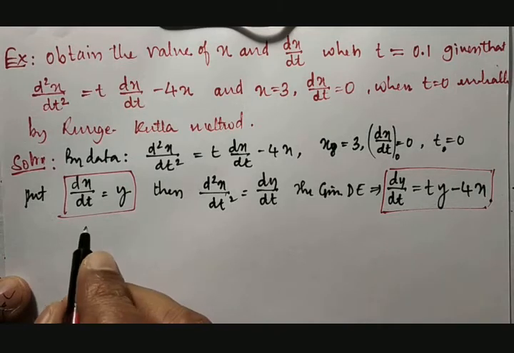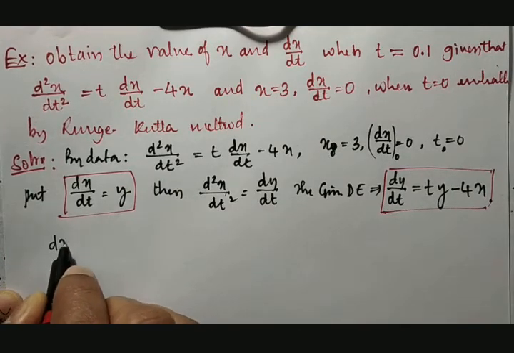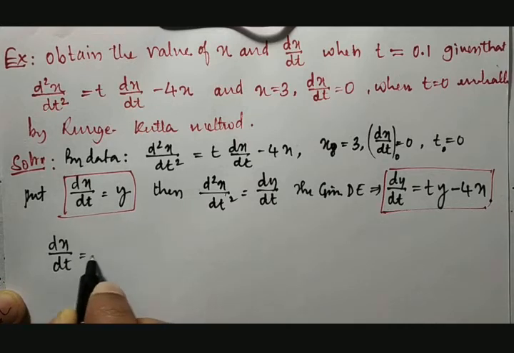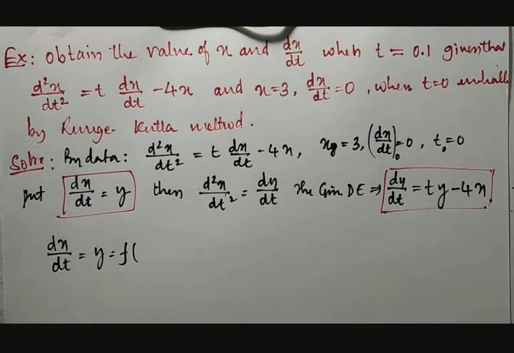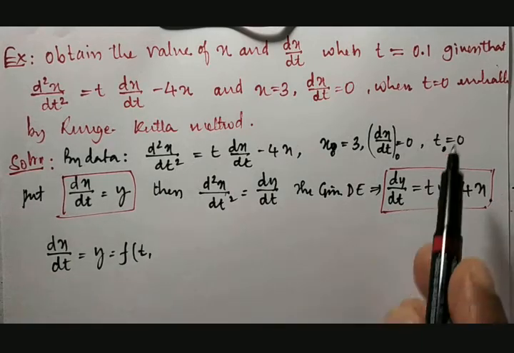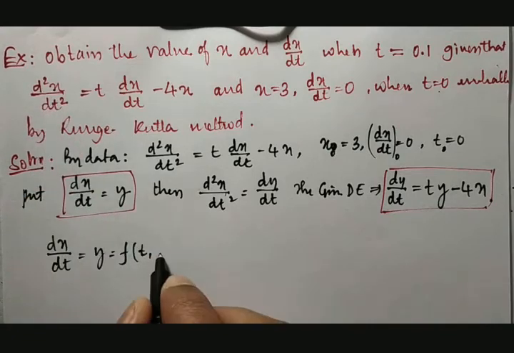Therefore I'll be taking it as dx by dt is equal to y, which will be taken as f of t comma x comma y. All the time we had a discussion on how to take variable, function, derivative. In this entire thing, what is the variable? Variable is t. Then function, what is the function? x is the function.